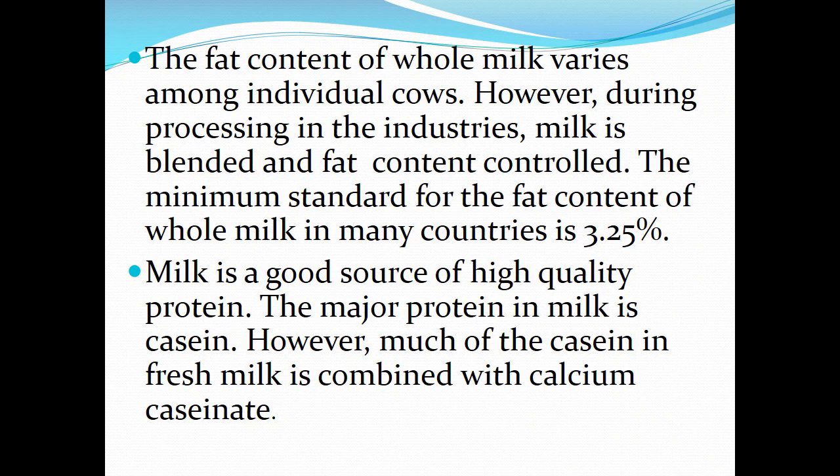Milk is a good source of high quality protein. The major protein in milk is called casein. However, much of the casein in fresh milk is combined with calcium salts, and in this combined form it is known as calcium caseinate.